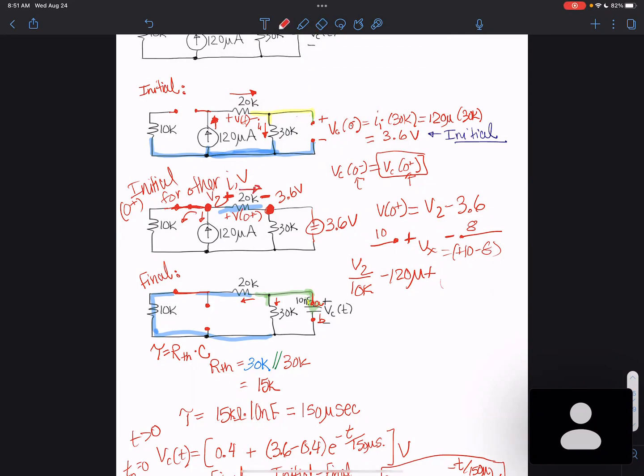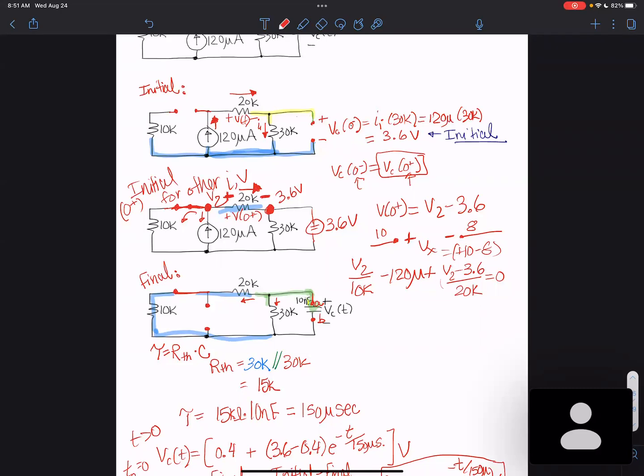So this current? Correct. So V2 minus 3.6 over 20K. And then that's all three of those branches out of that node. And so that's my node voltage equation. I can solve for V2 there, plug it in, and that would give me that V0 plus.